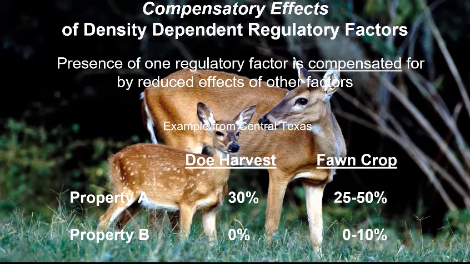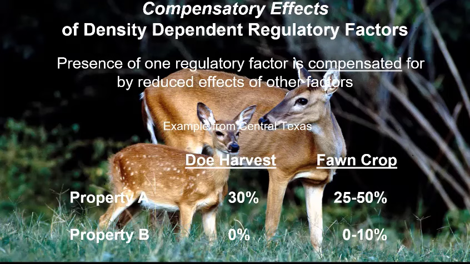Now, if you remove animals from the population through, say, harvest, you can have compensatory effects of that harvest removal, and it compensates by having increased reproductive success or increased survival otherwise. So the presence of one regulatory factor, such as hunting, harvest removal, can actually compensate and have less of an effect of regulatory factors impacting other considerations.